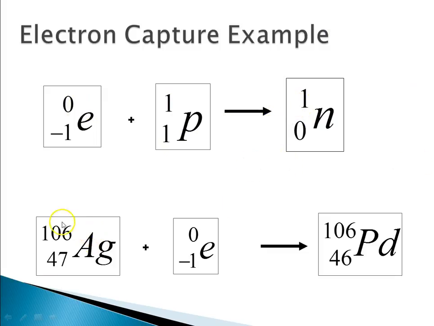So here we're showing, in this case, silver, and silver is capturing an electron in the nucleus. So 47 minus 1 is 46, so we would write 46. 106 plus 0 is 106. So then if you look on your periodic table, 46 is going to correspond to palladium.